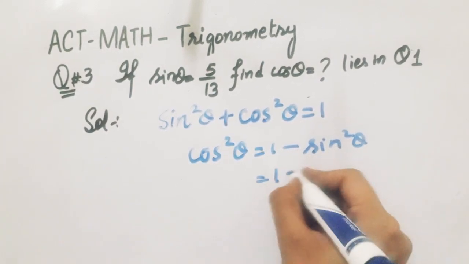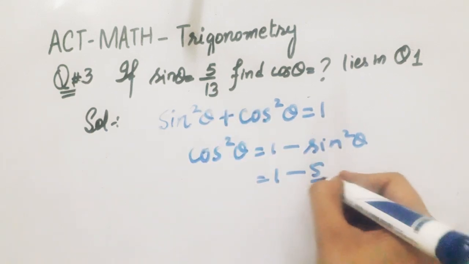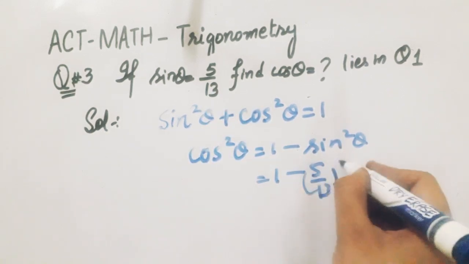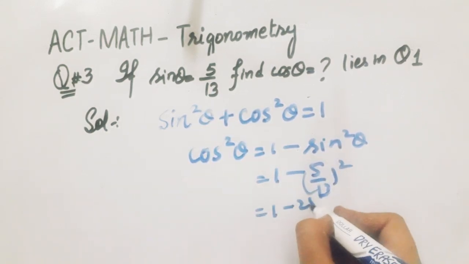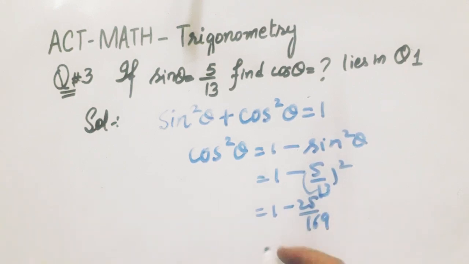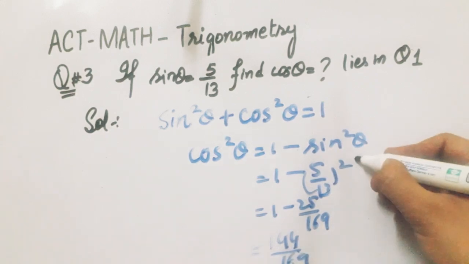We solve this: 1 minus 5/13 square, 1 minus 25/169, which is equal to 144/169. So we will take the square root of this.